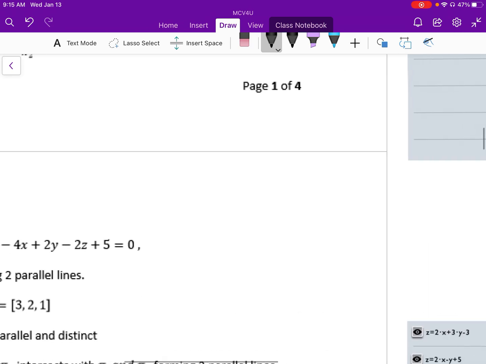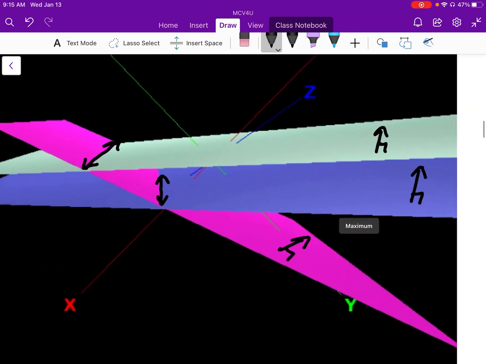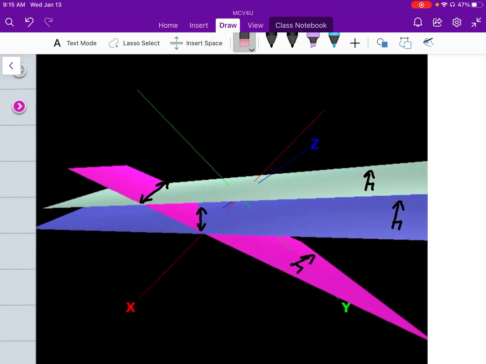And again, if you go back to the diagram here, basically how you find it is you just take a look at the strategy we did in the previous lesson to find the line of intersection for two of the planes. I think this one would be pi 1, this one would be pi 4.